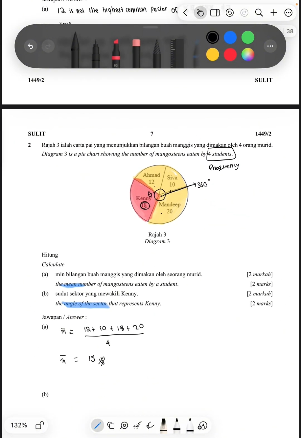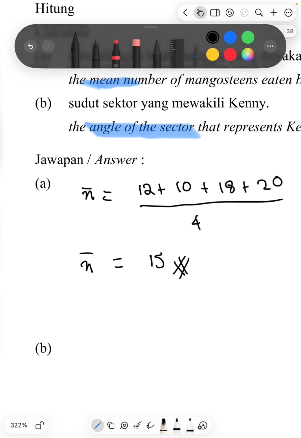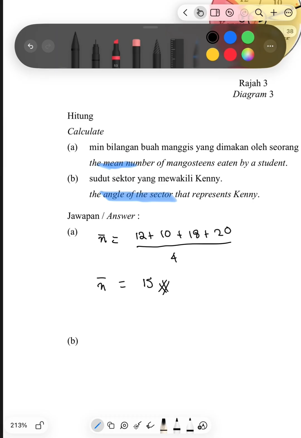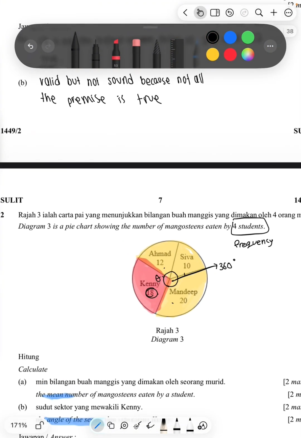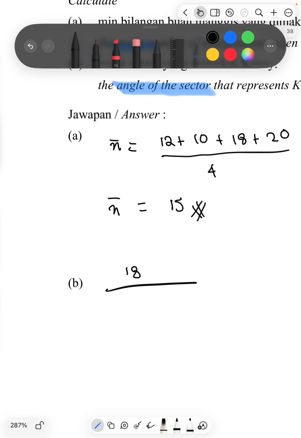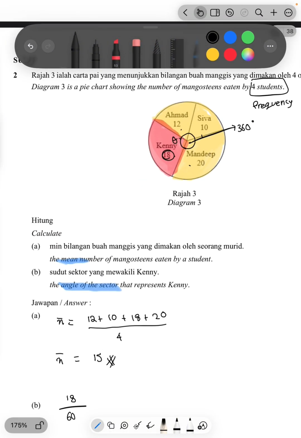So it's true, right? Kenny represents 18 over 12 plus 10 plus 18 plus 20, the whole probability of this circle. I'm just spitting out words. I don't think probability is the right word, but that's how I understand it.